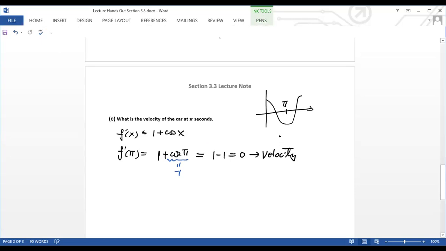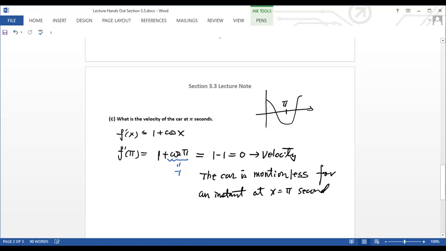So when the velocity is 0, what does that mean? That means this car is not moving, right? So we say this car is motionless for an instant at x equals pi seconds.